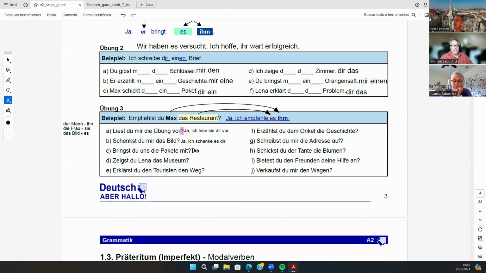Okay. So bringst du uns die Pakete mit? Are you bringing the packages to us? Okay, Achtung, die Pakete. Das Paket, packages, die Pakete. Okay. So I did this.